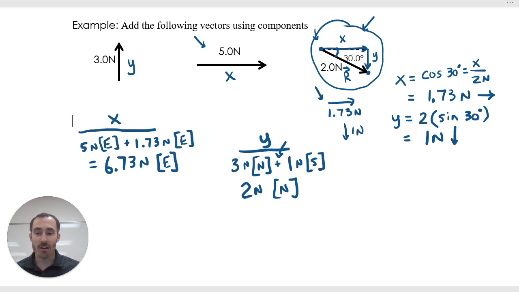And here's what that looks like. We have our 6.73 to the east, and we have our 2 to the north, and we add them tip to tail. Now our resultant is going to be here.